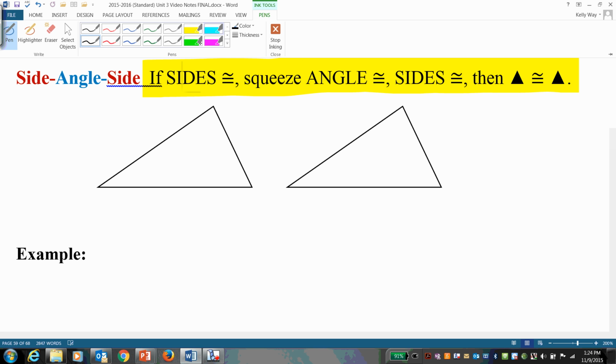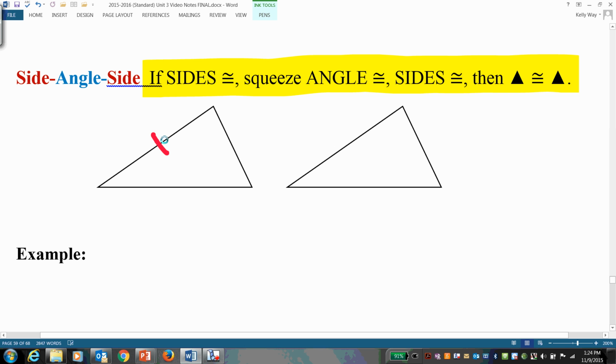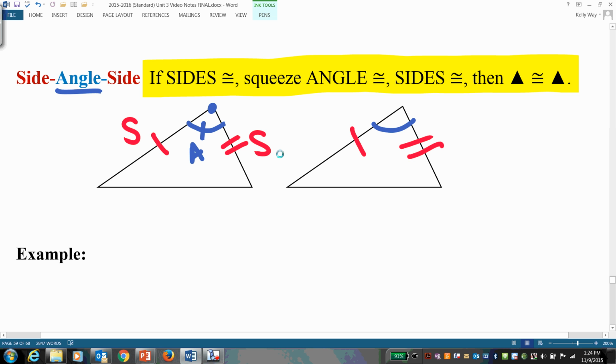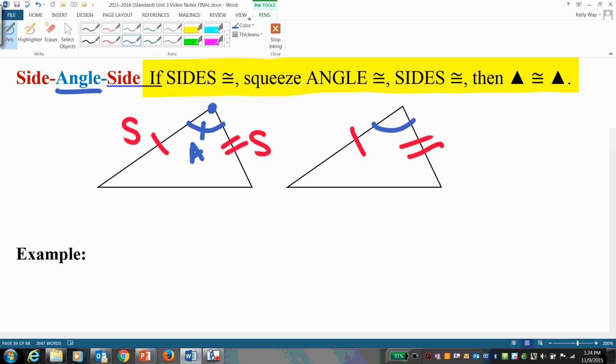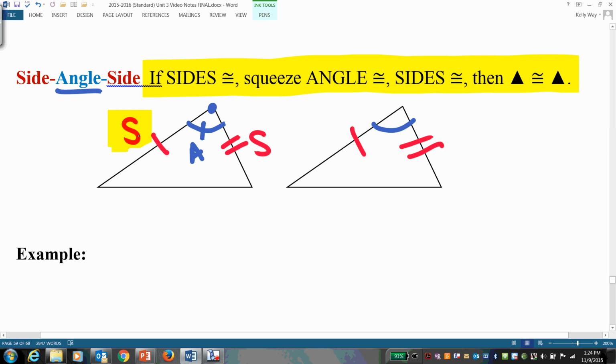So if I have a pair of congruent sides, and then I have another pair of congruent sides, and then I have an angle that's squeezed between the two sides, it's a hinge between the equal sides, then the triangles are congruent by the shortcut side, angle, side.